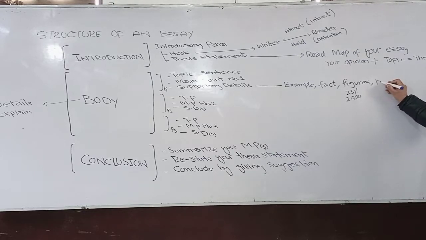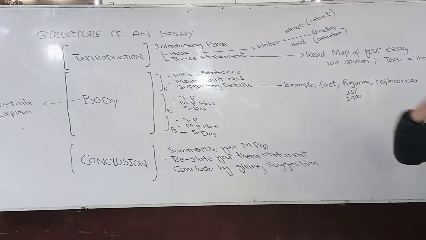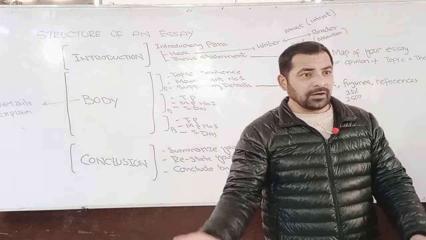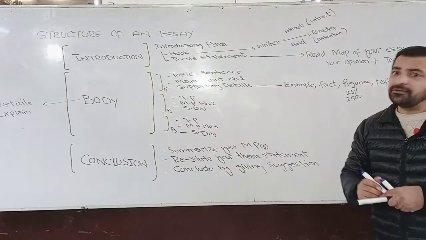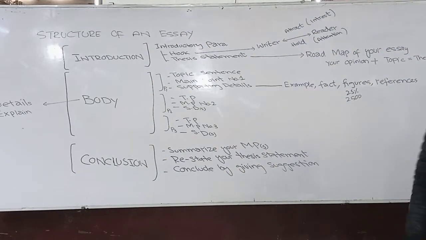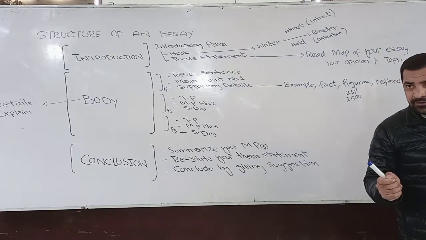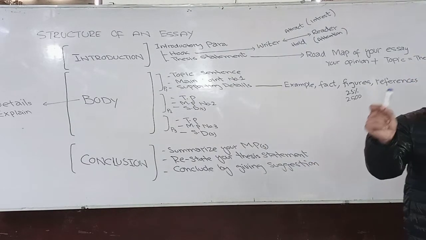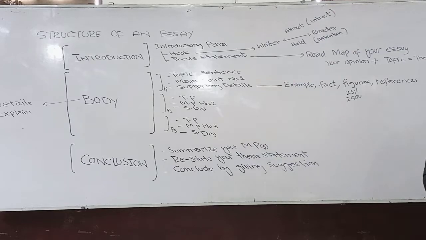You could make use of references. References of what? References of newspapers, media, research, studies, and so on. Got it? But you need to be careful: references should be authentic. You can't blindly give a reference to anything unless you know the real source of it.